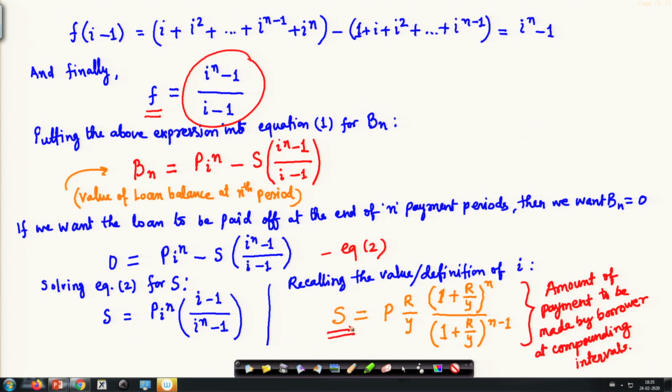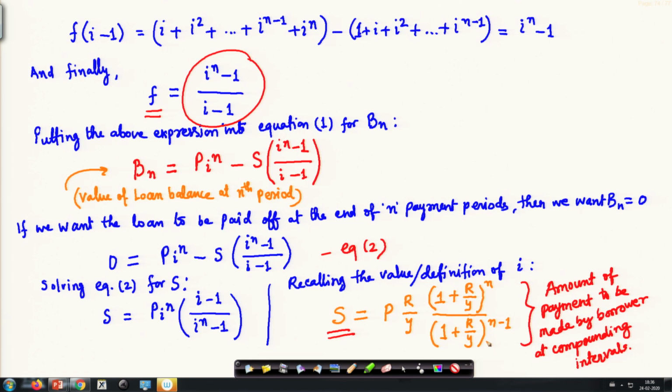This is the amount of money that is to be paid at every interval of compounding by the borrower to the lender, which is basically P as the amount of principal, which is the loan amount, into I, that is R by Y, into 1, and these two values are taken from the previous expressions.